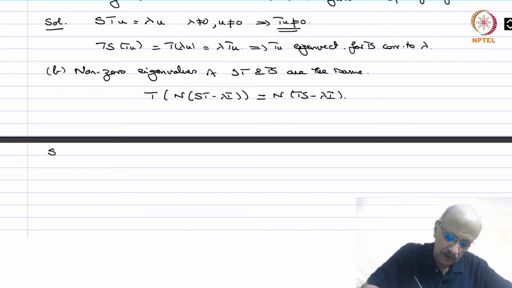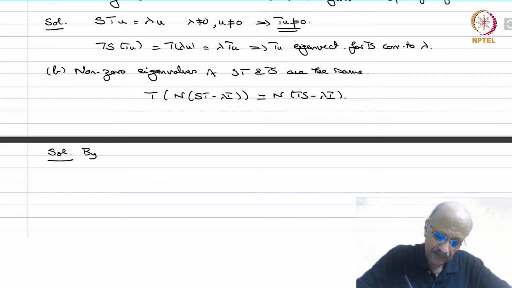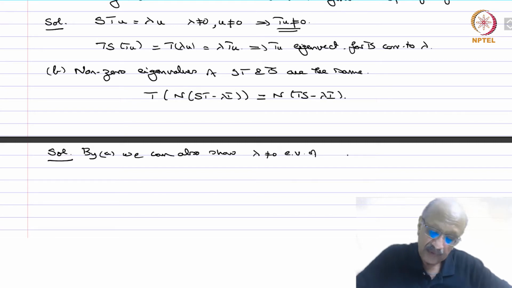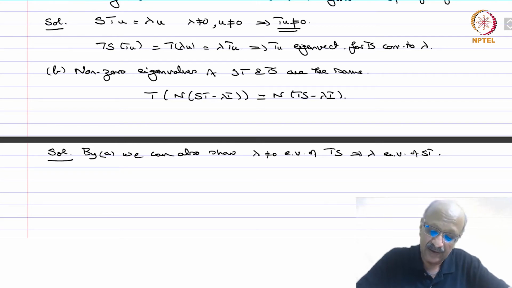So the solution. By A, we can also show lambda not equal to 0 eigenvalue of TS implies lambda eigenvalue of ST. Okay, so that's the same thing. In T and S there is nothing sacred about that, so you can just interchange the roles.